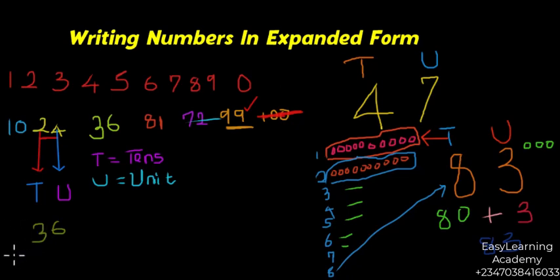So this 3 here will give us 30, and the 6 here, we bring our plus. The 6 here is units, and units remain units. Units do not change because they are in groups of ones. So 3 and 6 is 36, and the expanded form is 30 plus 6.